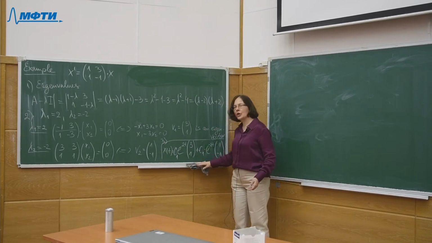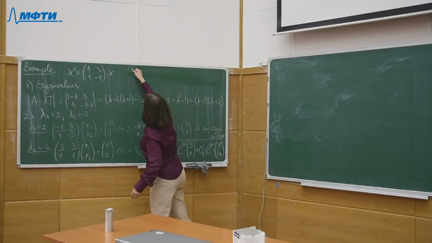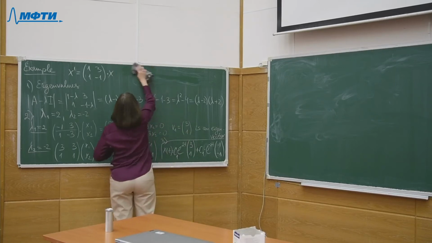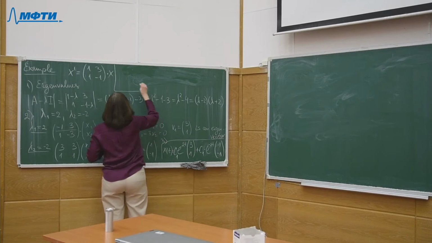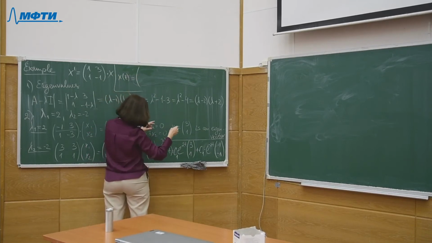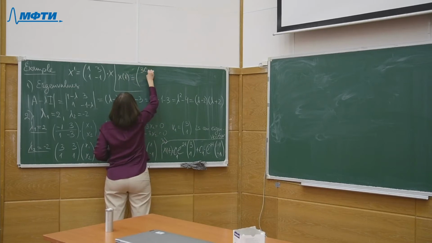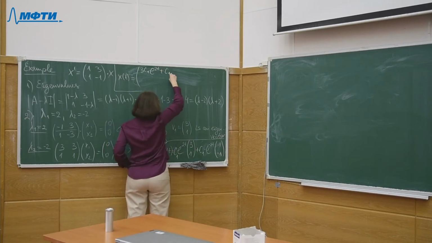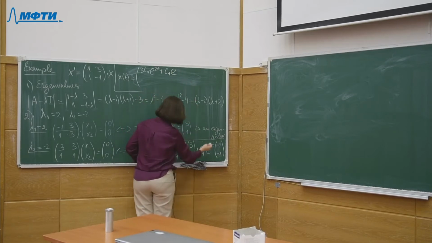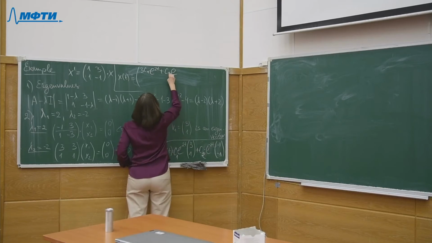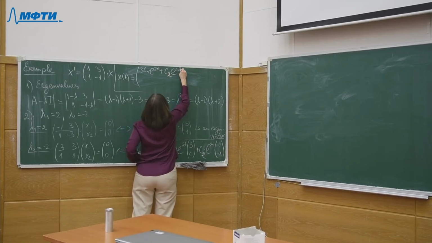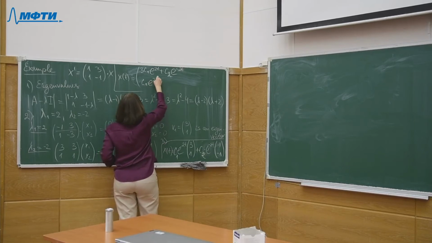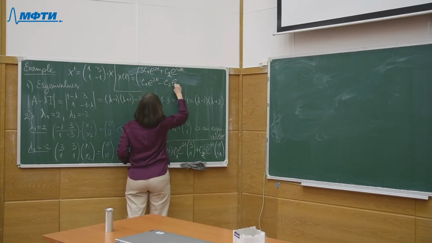this solution in terms of coordinates, it will be, so the function x1 of t will be equal to, or maybe, so I will write the answer in the form x of t equals 3c1 e to the power 2t plus c2 e to the power -2t, and the second coordinate will be c1 e to 2t minus c2 e to the power minus 2t.